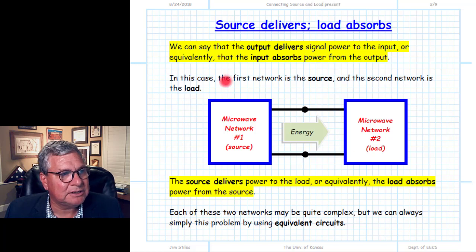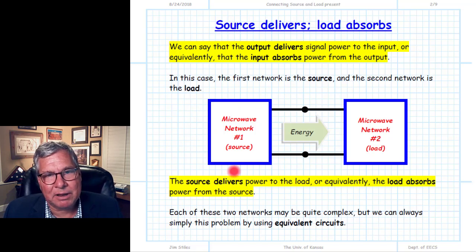And so this is a very simple model. We've connected two devices together, two one-port devices, and we find that energy flows between them. Depending on the direction of that energy flow, we call one network the source, and it outputs energy into the load, the other device, into its port. So the question is, what is this source? It could be a very complex circuit.